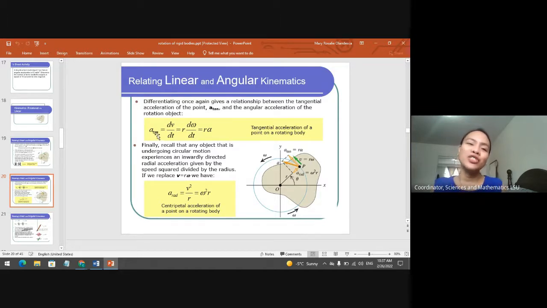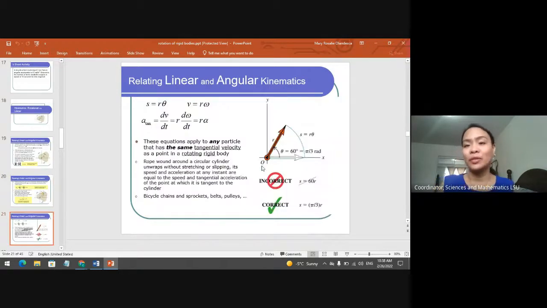The tangential acceleration is equal to r times the angular acceleration, and the radial acceleration is equal to the angular velocity squared times r. So just remember these formulas, and you can now solve problems when you are asked for the tangential and radial acceleration.